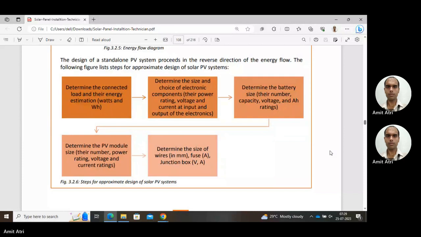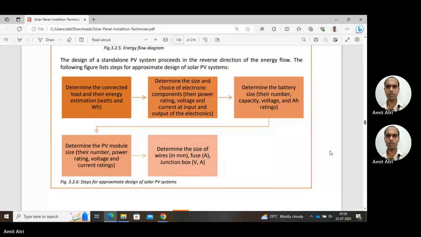Then next thing, determine the battery size. How much ampere hour capacity of the battery will be suitable for that? One battery may not be sufficient, so we need more than one battery, two. So the number, capacity, voltage, and ampere hour ratings.